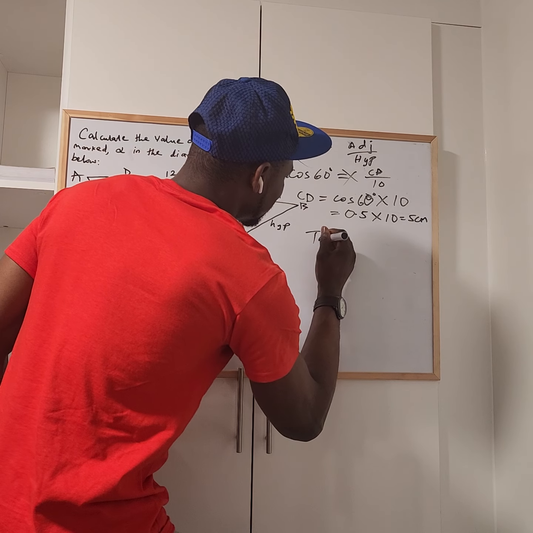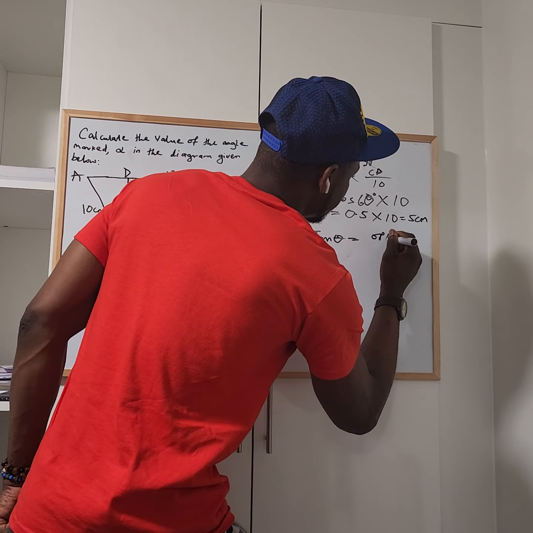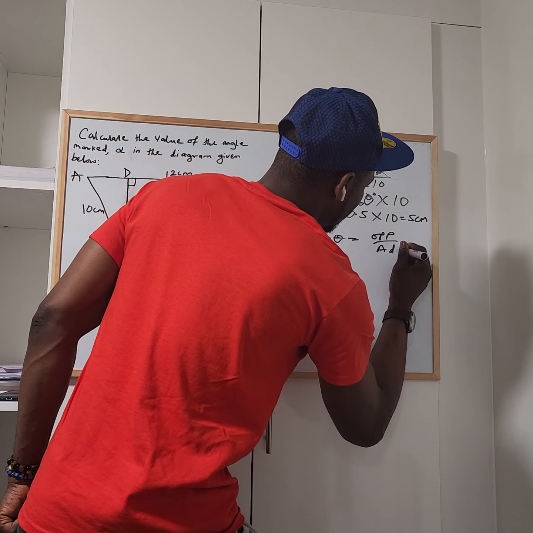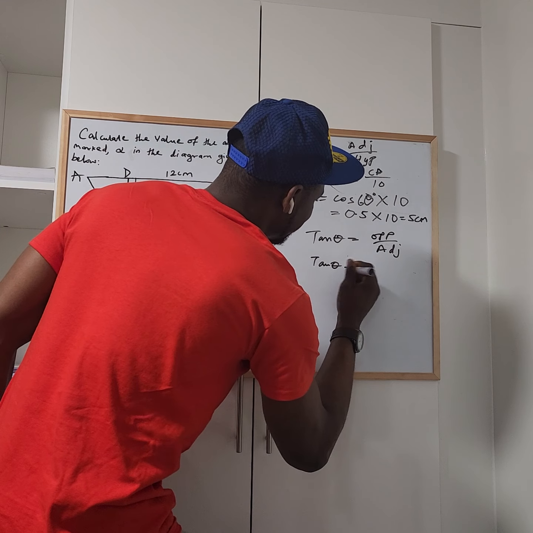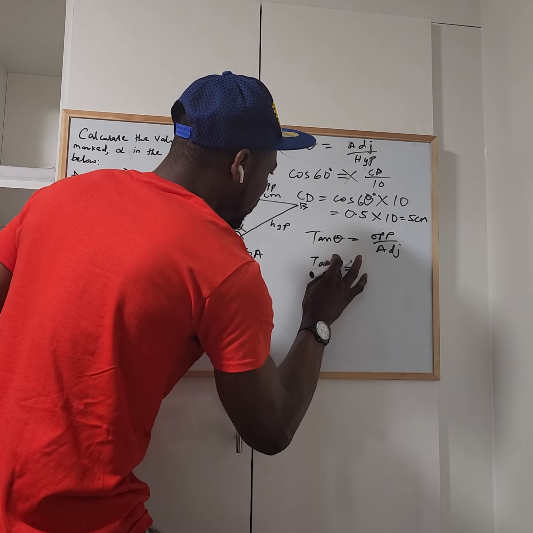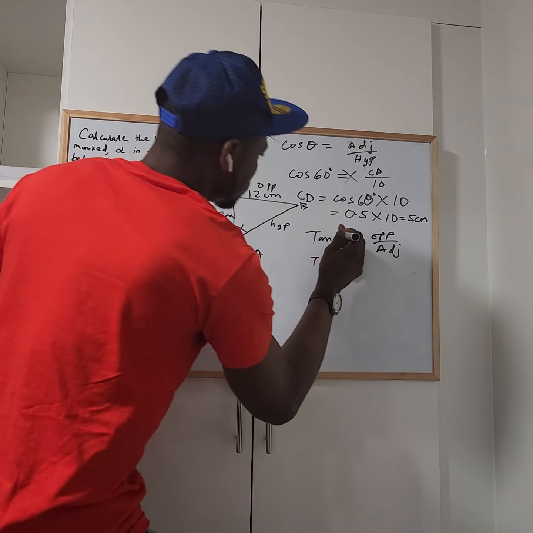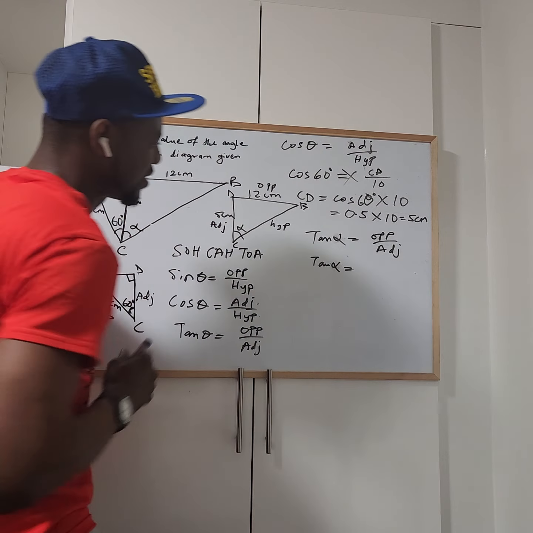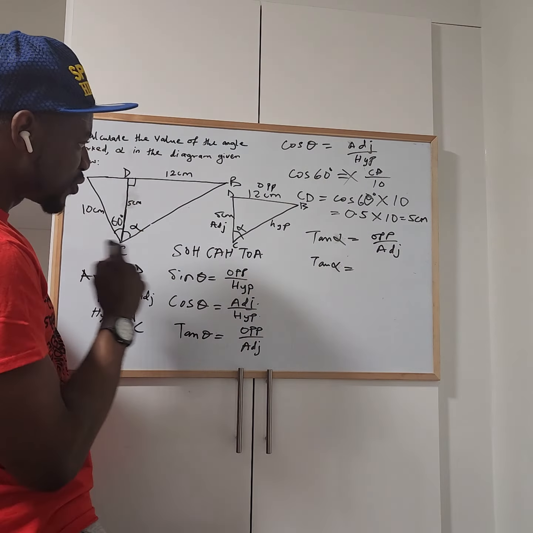So we say tan theta equals opposite all over adjacent. Remember that we don't know the theta, which is the angle. Or, sorry, we can change it to the angle given, so we're using alpha instead. Tan alpha. What's our opposite?